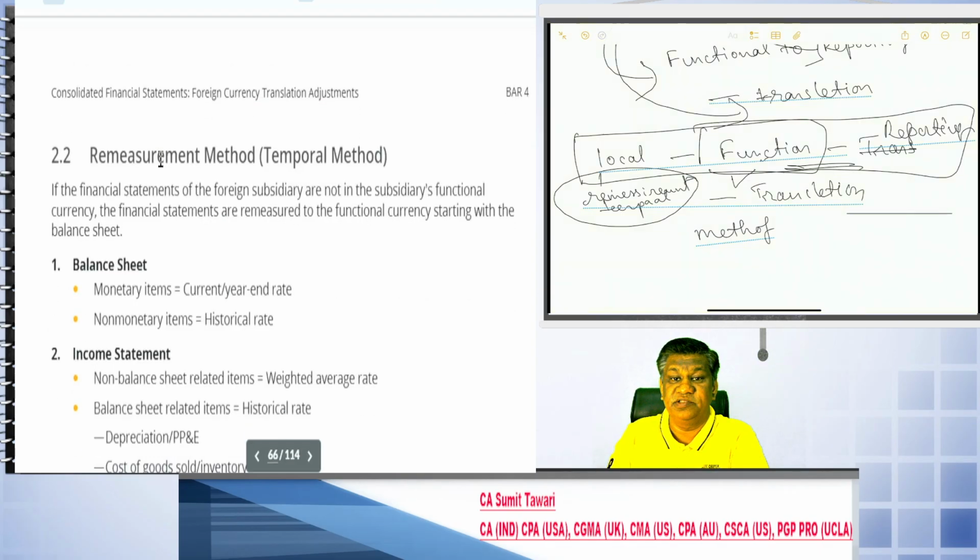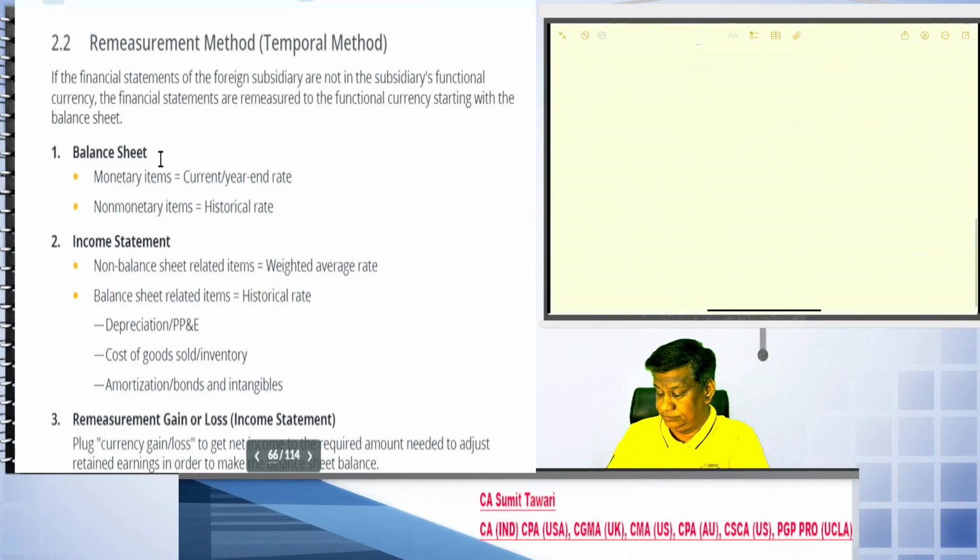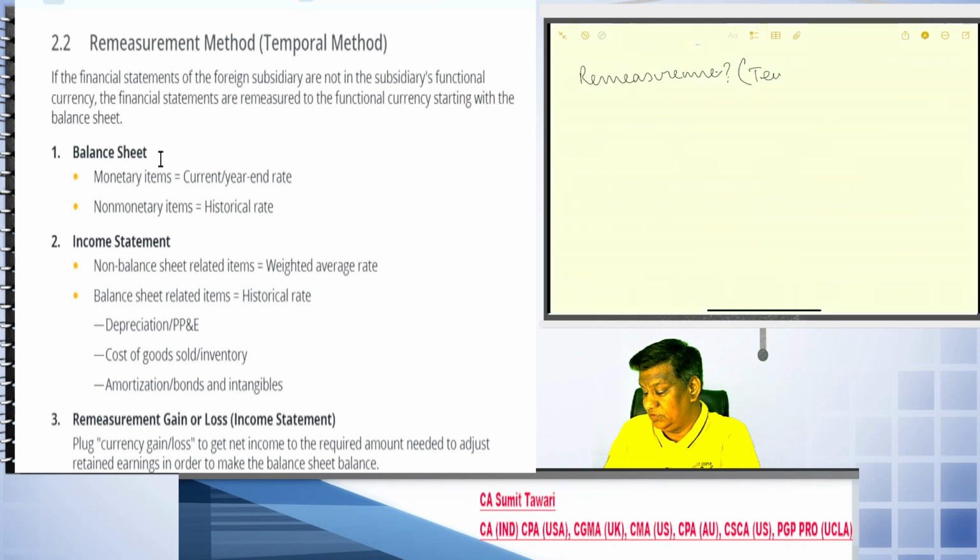So remeasurement is also the temporal method. That also in MCQs they may ask to convert, or any question, and they may say as per the temporal method.